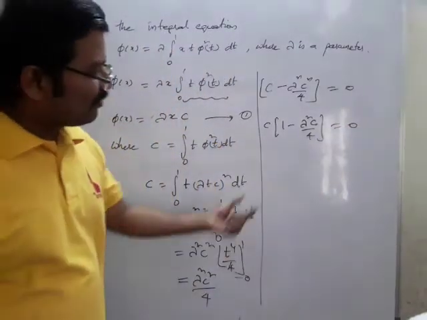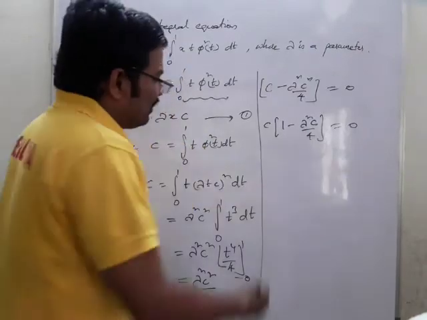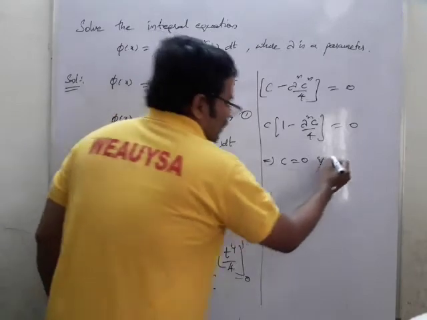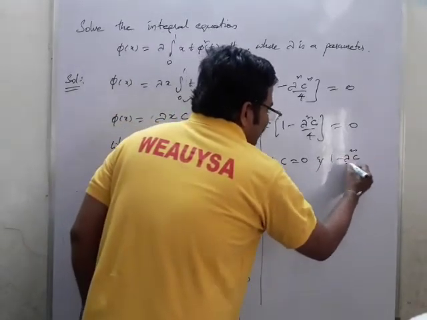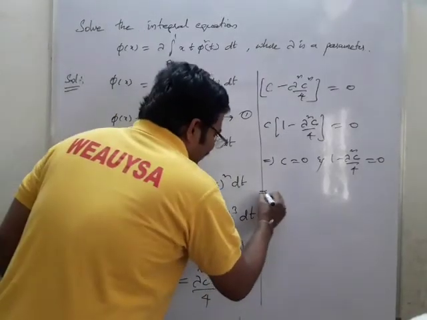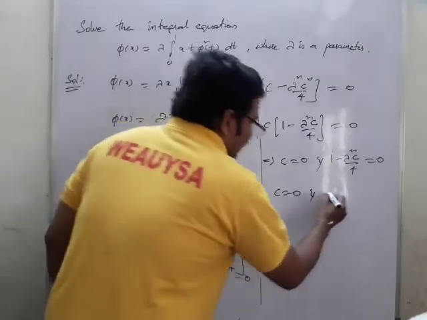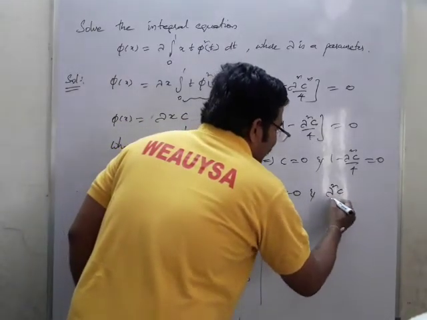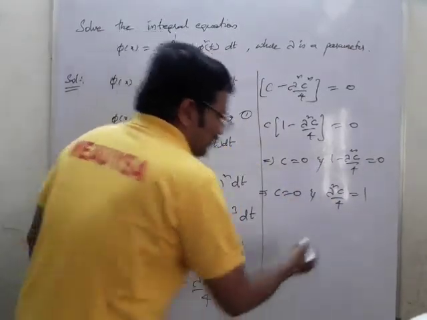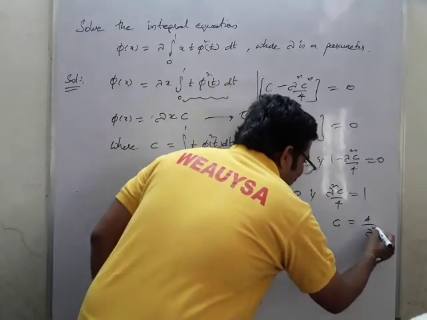Now you should understand there are two terms here. One is c equal to 0, the other is 1 minus lambda square c by 4 equal to 0. So this implies c equal to 0, and lambda square c by 4 is equal to 1. Taking that term to the other side, c will be 4 by lambda square.